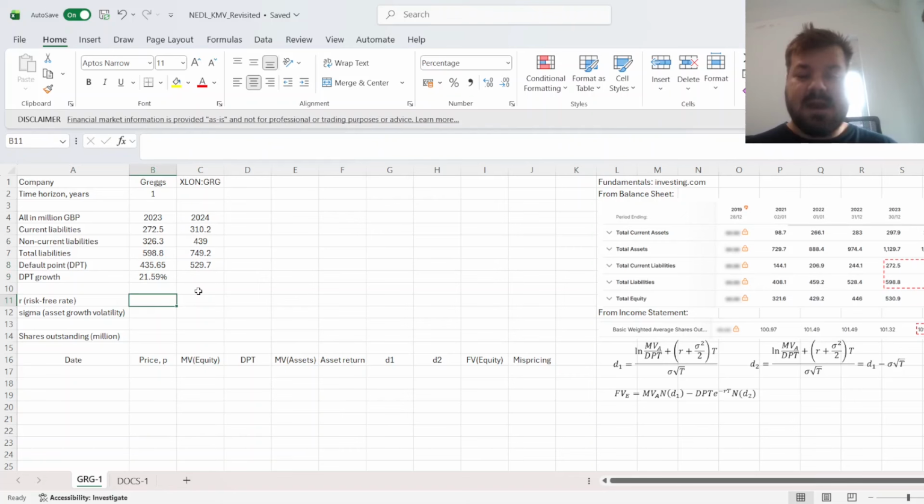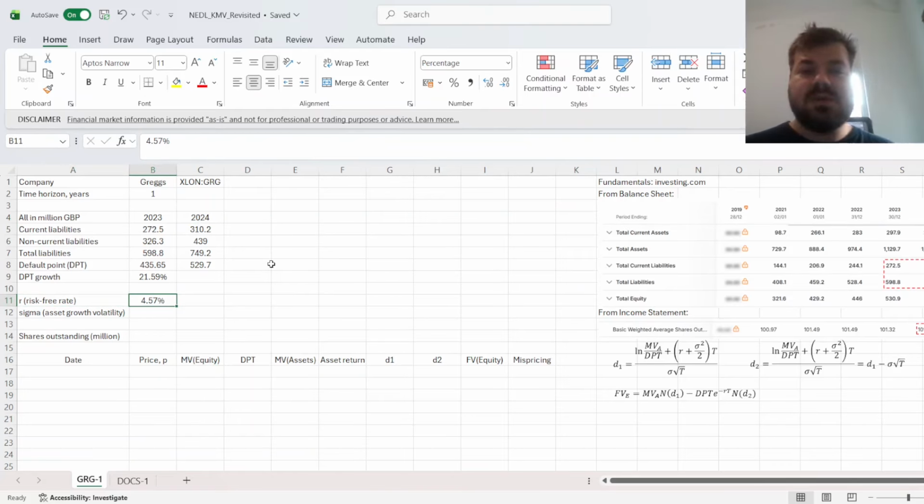In terms of the risk-free rate, this is an input that essentially models the growth of assets. It's very common to use the risk-free rate, which is 4.57%. That's the yield of a 10-year UK government bond as of the year-end 2024, that's when we do the modeling based on the data availability. But here you can make a lot of plausible assumptions in terms of what this rate is.